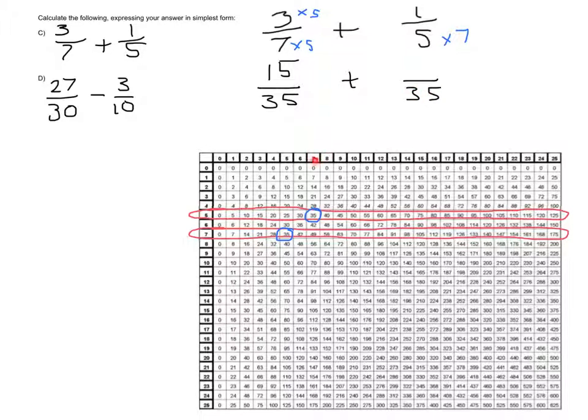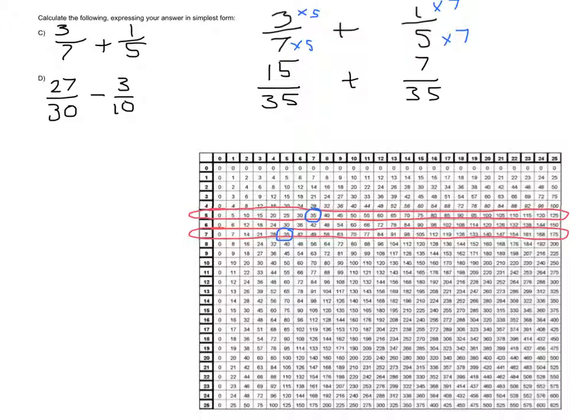Now remember, whatever we do to the denominator, we also do to the numerator. So that's what we'll do as well. So 1 times 7 equals 7.